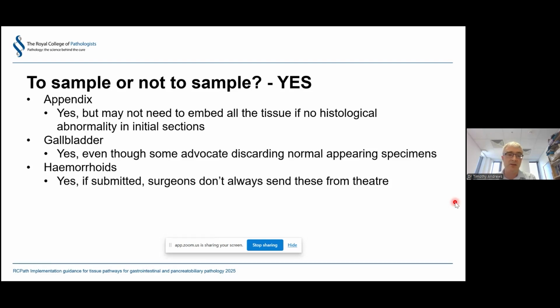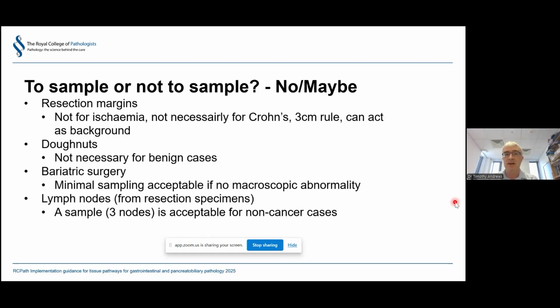Gallbladder, again, although some recent evidence has suggested that macroscopically normal gallbladders may be discarded, it's still recommended that all gallbladders are sampled histologically. And again, hemorrhoidectomy specimens, if they're submitted by the surgeons, should be sampled, although limited sampling is acceptable. In some cases it may be acceptable not to sample tissue or not sample widely.